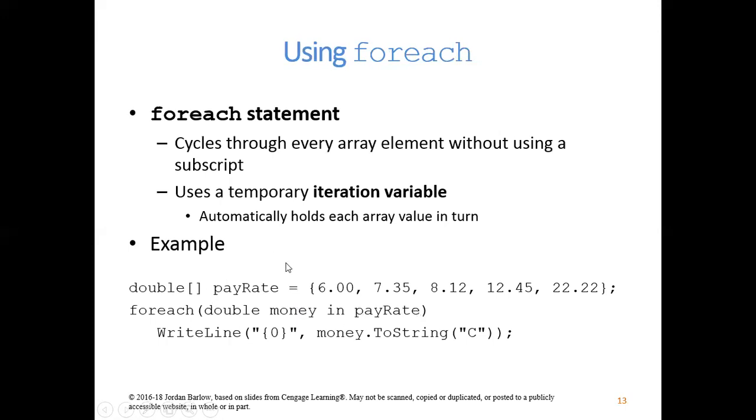So data type, a new made-up variable name for that data type, the keyword in, and then the array name. It does the same thing as some of those examples we saw two slides ago with the for and the while loops.